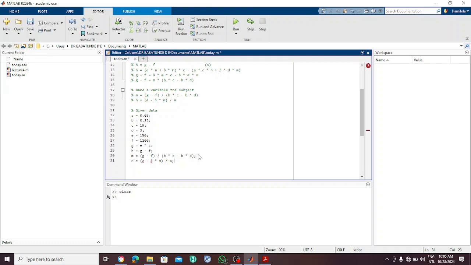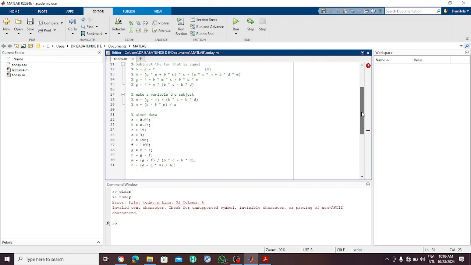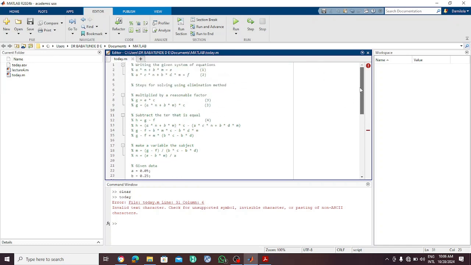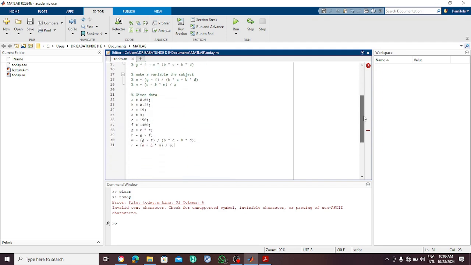Okay, so we can now run and get the values. Do you have the values? I think I am on the comments there. Yeah, I uncommented. I think I did something wrong because it's telling me it's not representing variables. Let me run and hopefully this one works. Line 6. So what's happening in line 6? Line 31.